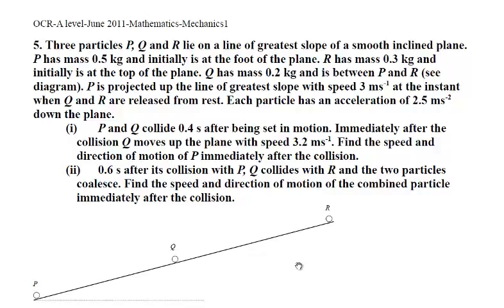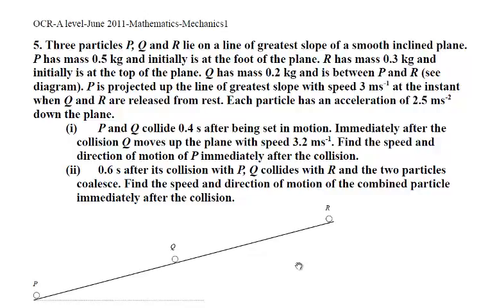See diagram. P is projected up the line of greatest slope with speed 3 meters per second at the instant when Q and R are released from rest. Each particle has an acceleration of 2.5 meters per second squared down the plane.